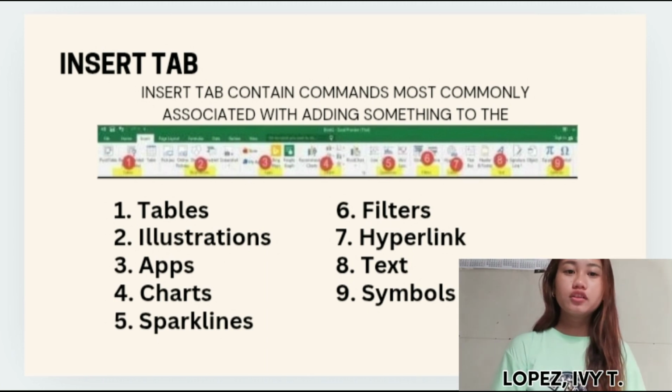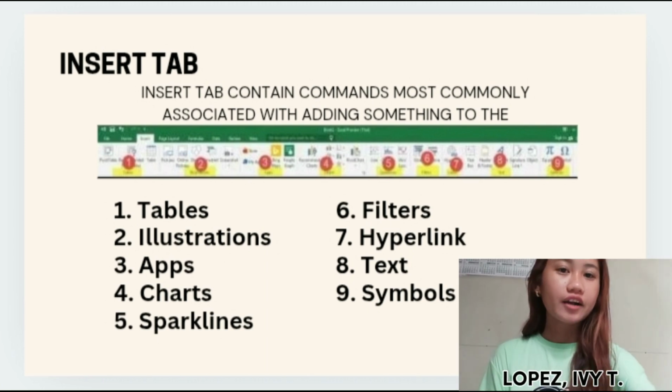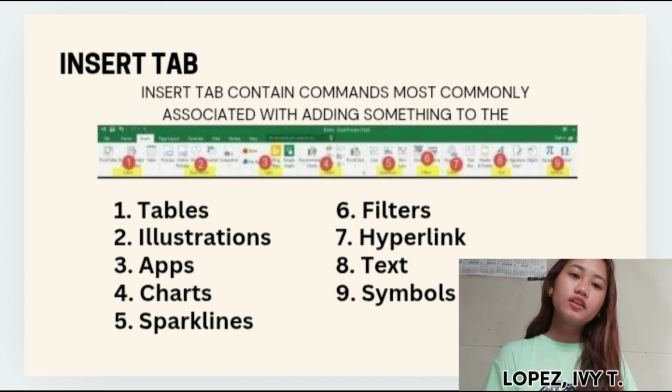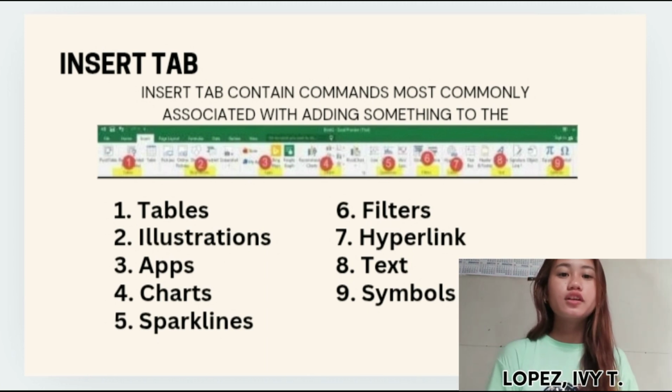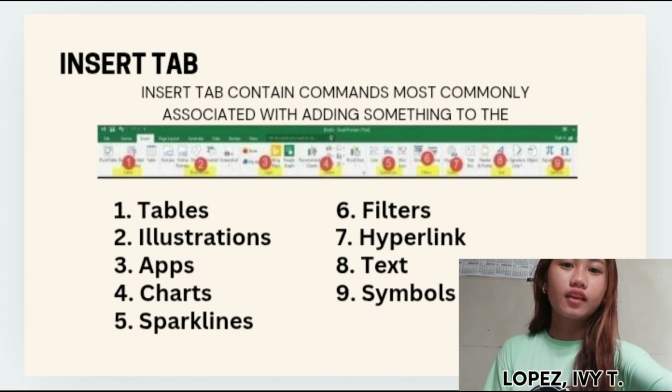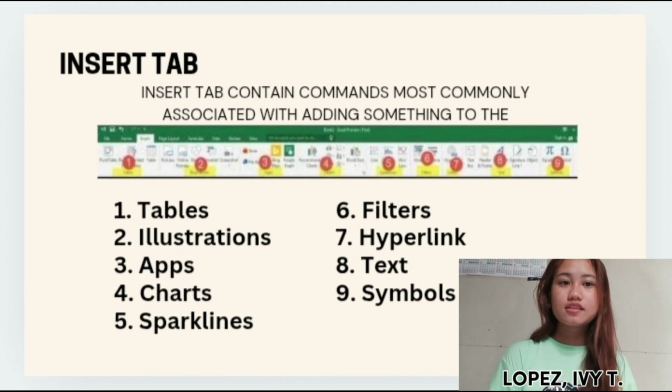In addition, Shapes provides ready-made square, circle, arrow kind of shapes that can be used in Excel. SmartArt provides an awesome graphical representation to visually communicate data in the form of lists, organizational charts, Venn diagrams, to process diagrams. Screenshot can be used to quickly insert a screenshot of any program that is open on the computer.